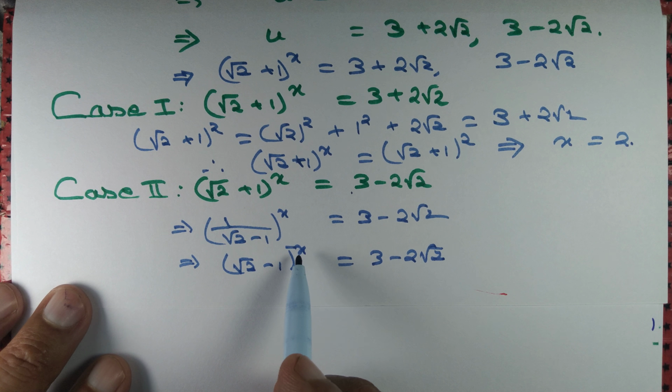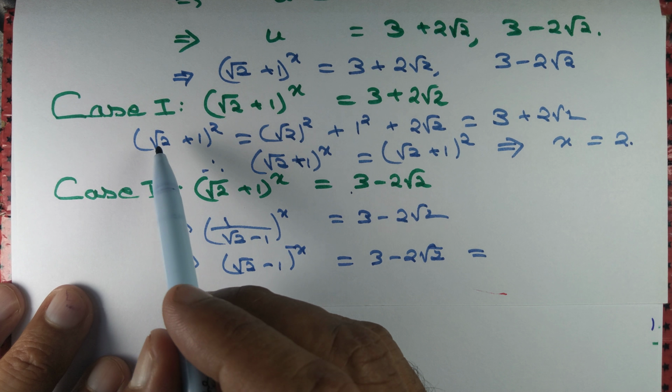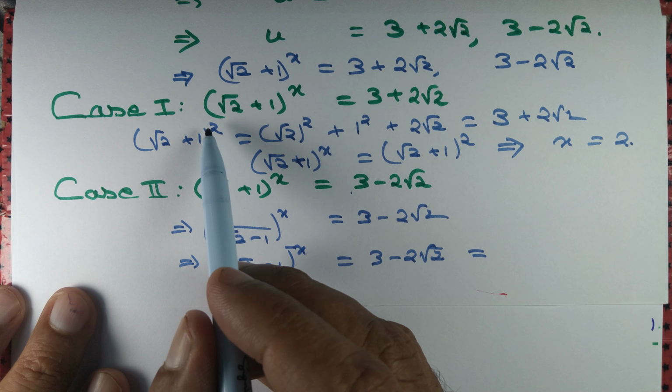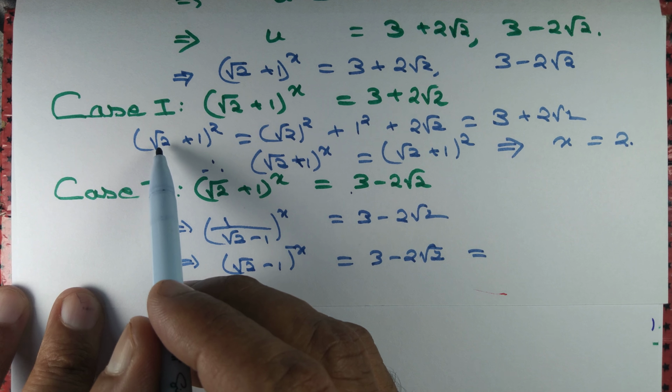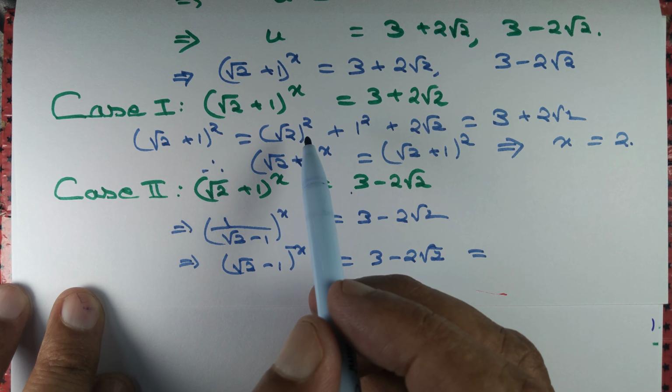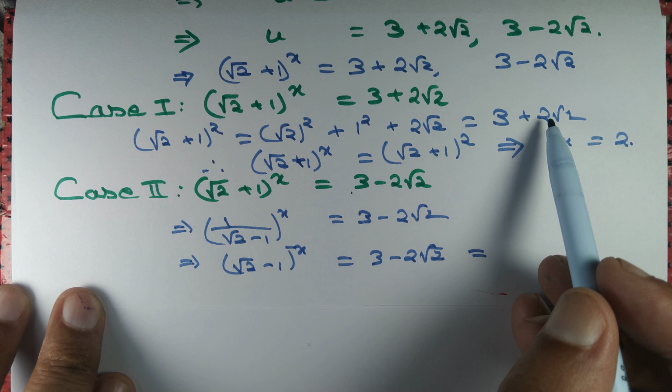Now again, if we square it, then we get the same expression as we have for (root 2 plus 1) whole thing square. We got root 2 square plus 1 square plus 2 root 2. If we do (root 2 minus 1) whole thing square, again you will get root 2 square plus 1 square minus 2 root 2. So we'll get 3 minus 2 root 2.